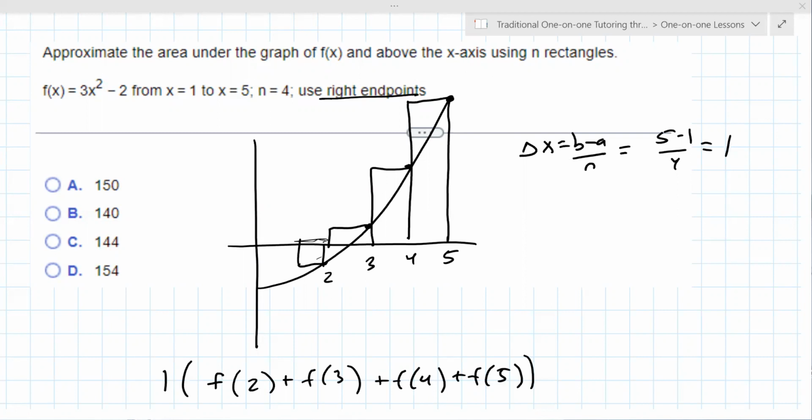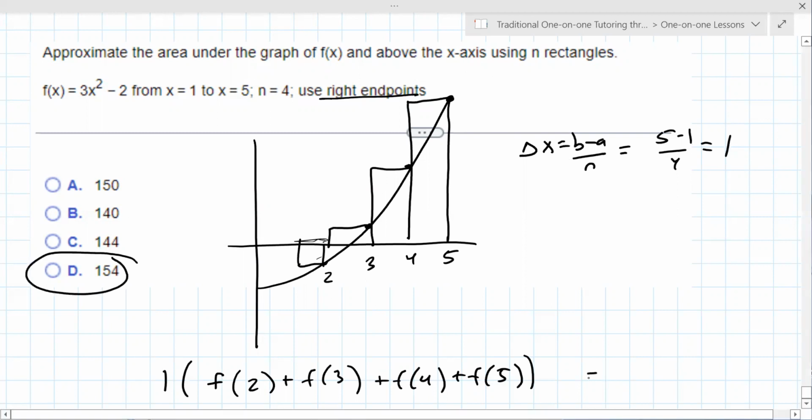But that is the idea. 3x squared minus 2 from 1 to 5, and we want 4 rectangles, and calculate here. So the answer is 154.